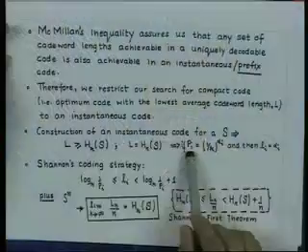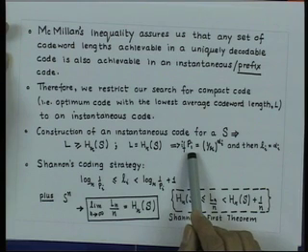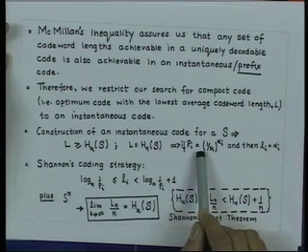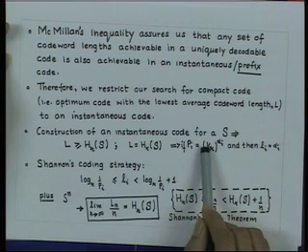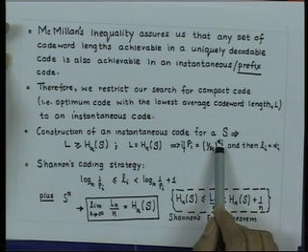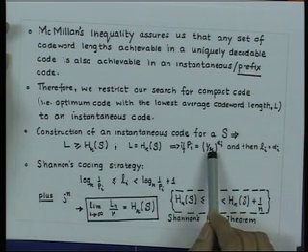We have also seen that in order to achieve this lower bound of entropy, that is the average length equal to the entropy of the source, this condition should be satisfied: the probability of the source symbols, that is Pi, should be of the form 1 by r raised to alpha i, where r is the size of the code alphabet.